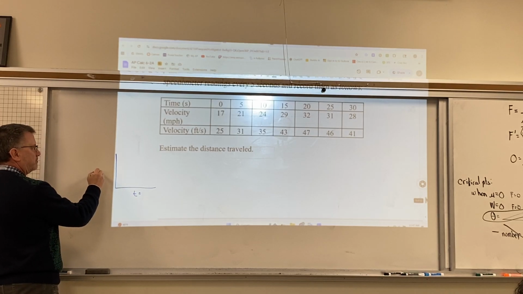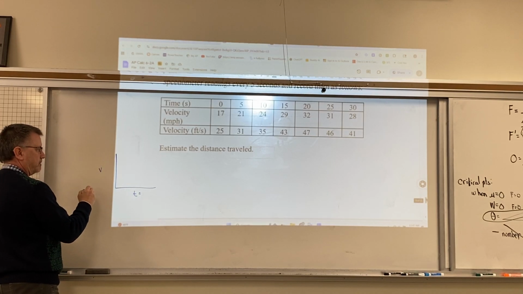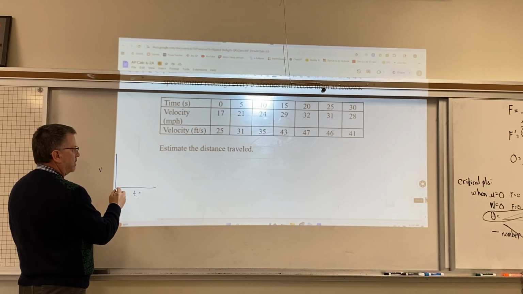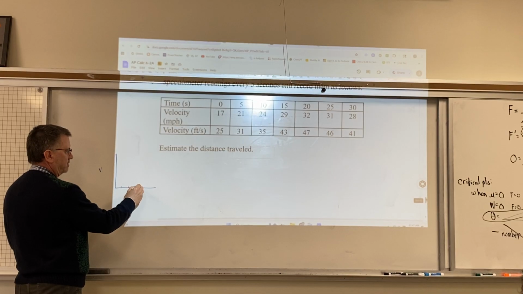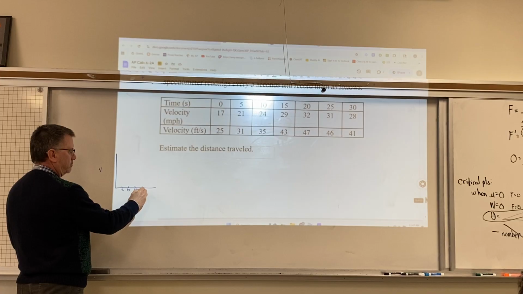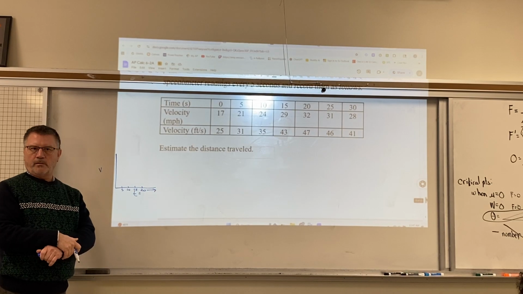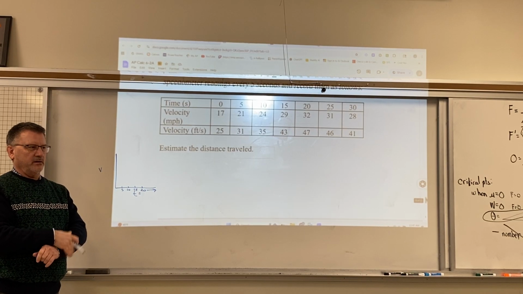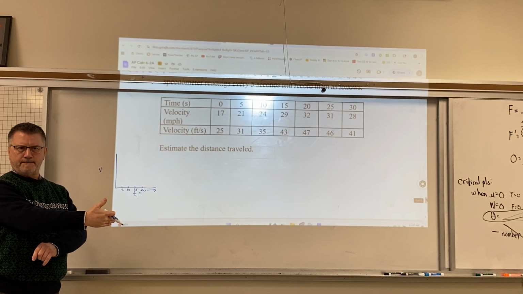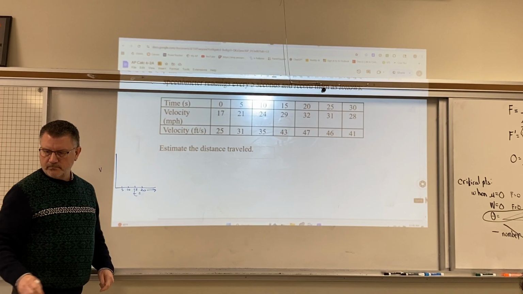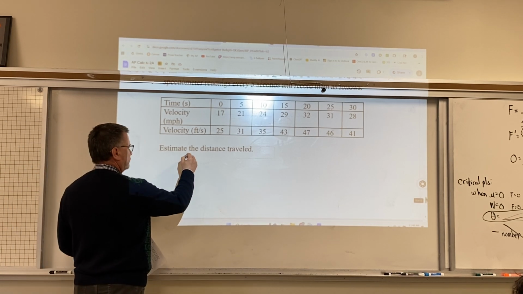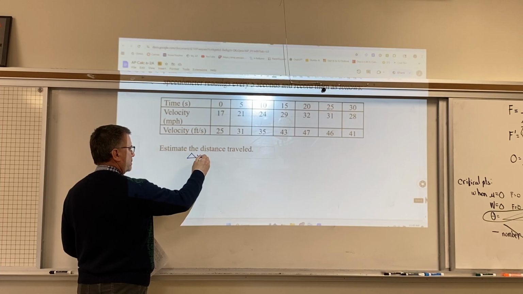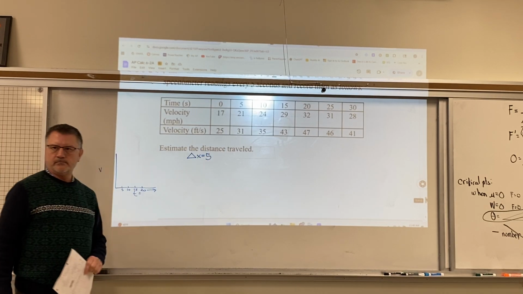And we put velocity or speed over here. So it looks like my time is 0, 5, 10, 15, 20. Does it look like my intervals are the same? Yeah, 5. So I would argue, like yesterday, that my change of x is 5 seconds every time.